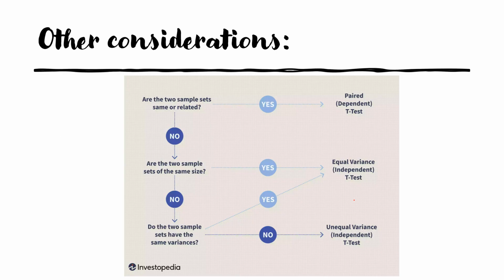Other considerations, so this is again looking at the same stuff that we just talked about. You can use this chart to figure out what type of data analysis you need to perform. Do you have two sample sets that are same or related? This is going into the t-test specifically and looking at how you can decide which type of t-test to run. If you have two sample sets that are same or related, then you can run a paired t-test.